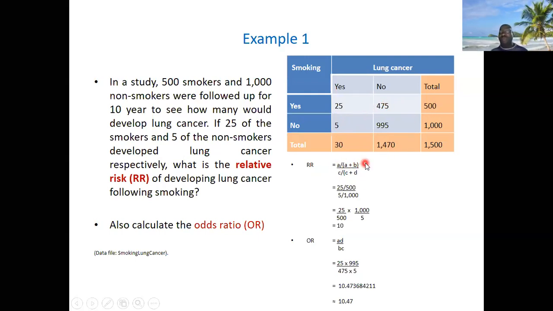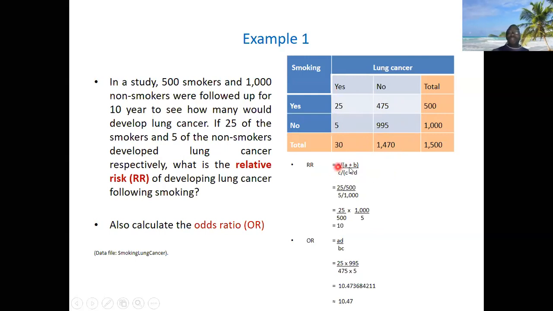So A over A plus B. Then the risk among the non-exposed is 5 here, which is C over 1,000. 1,000 is 5 plus 995, which is C plus D. So the risk among the non-exposed is C over C plus D.